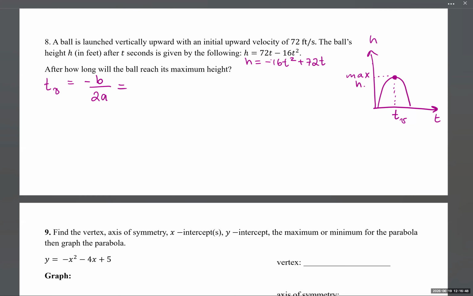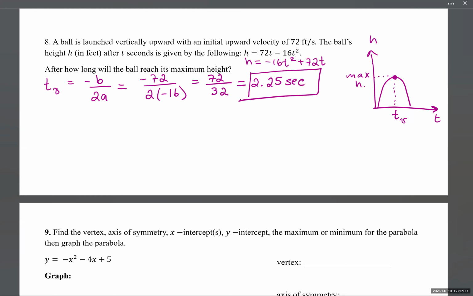Since we've rewritten our quadratic in standard form, we know that b is 72, so minus 72 divided by 2 times negative 16. So that's 72 divided by 32, and that should give you 2.25 seconds. Do not round these calculations. It is important that you include every decimal here.